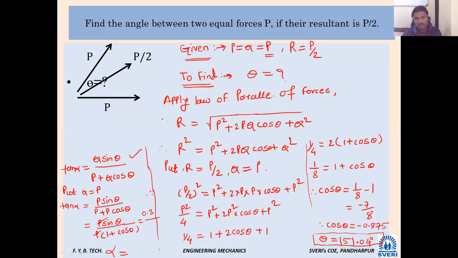What is the value of alpha? 75.10, about 75.